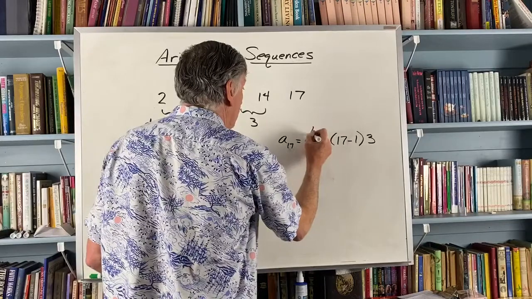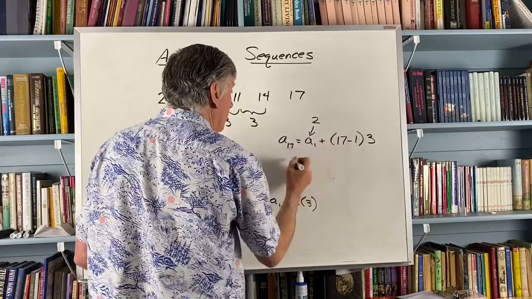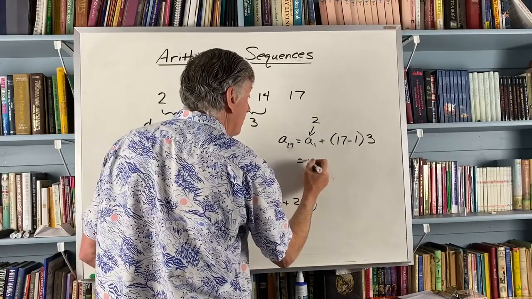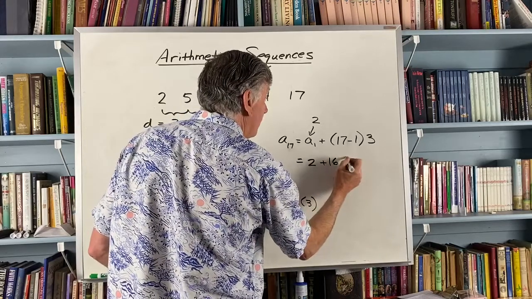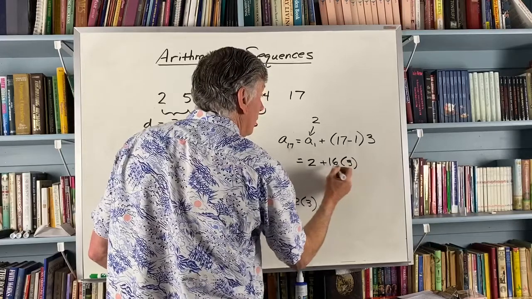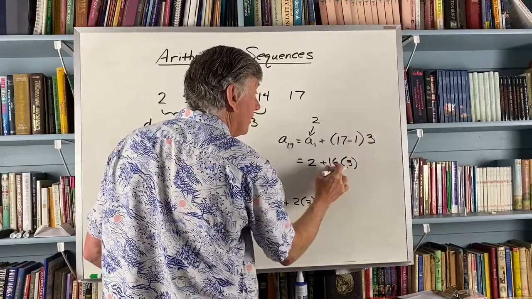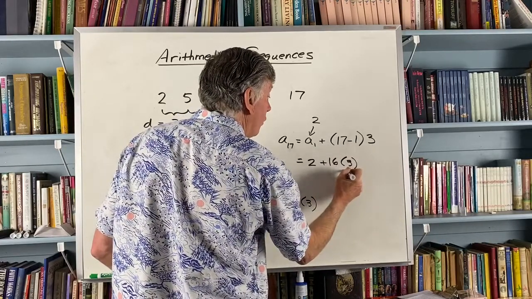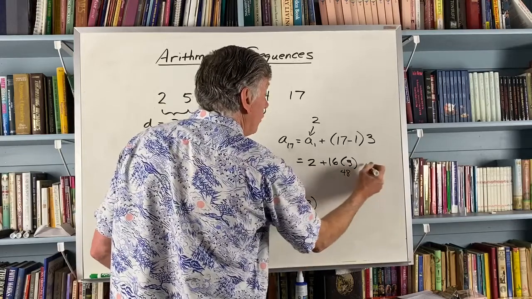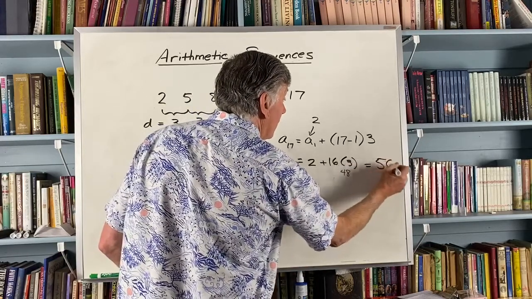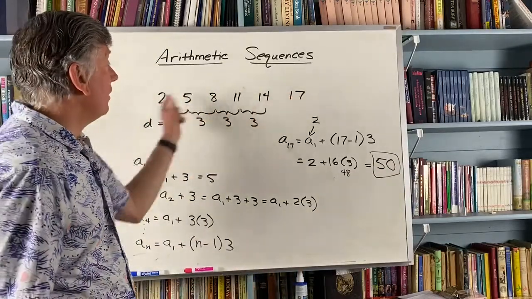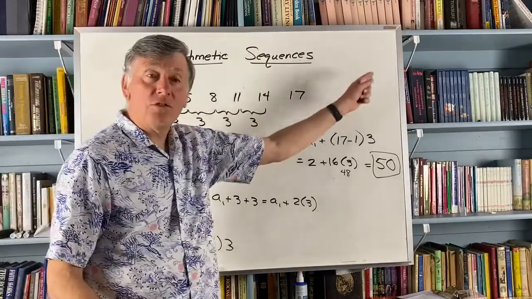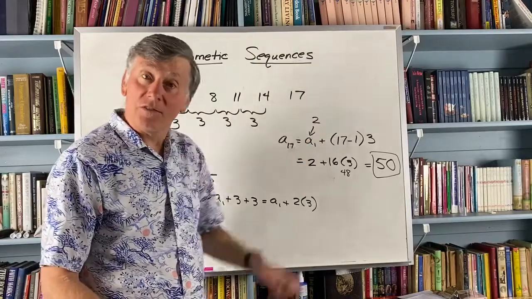My first term was 2, so my 17th term is going to be 2 plus 16 times 3. 17 minus 1 is 16. 16 times 3 is 48. 2 plus 48 is 50. If you write out 17 of these, by the time you get to your 17th term, you're going to be writing a 50.